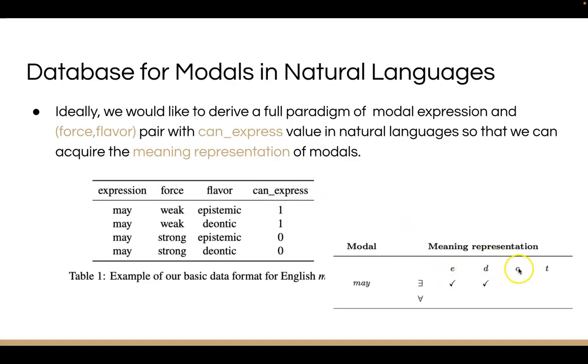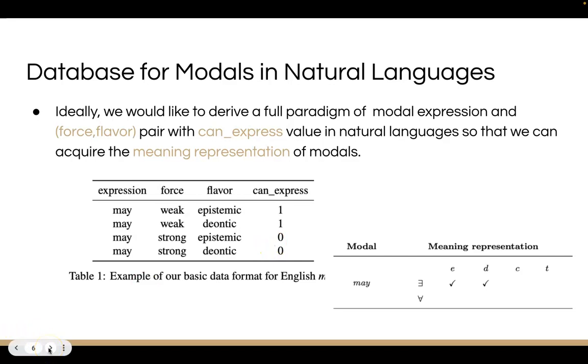If we ignore the C and T here, the E and D actually represent epistemic and deontic. So we would like to extend this to more languages that we can find sources for, and to every expression in those languages.